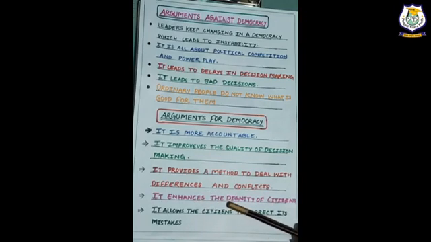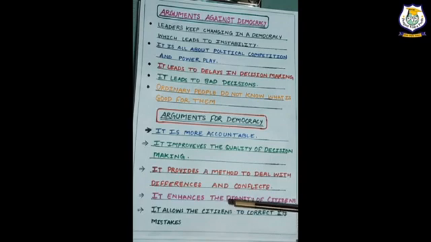The next argument is that it enhances the dignity of citizens. In a democracy, it tries to maintain the dignity of each and every citizen. A person who lives within the country may live with his own respect. No one can harm a person's dignity.